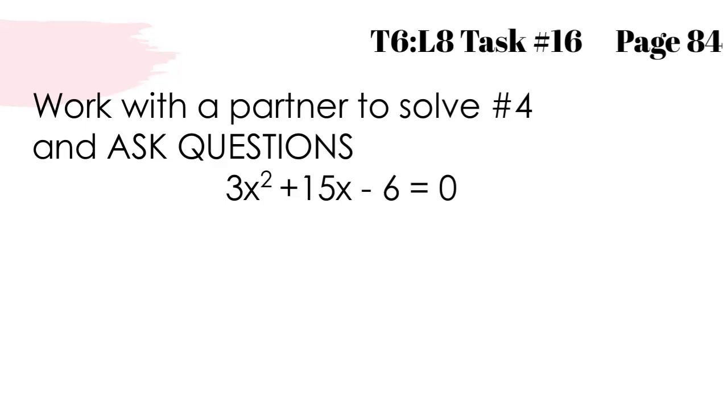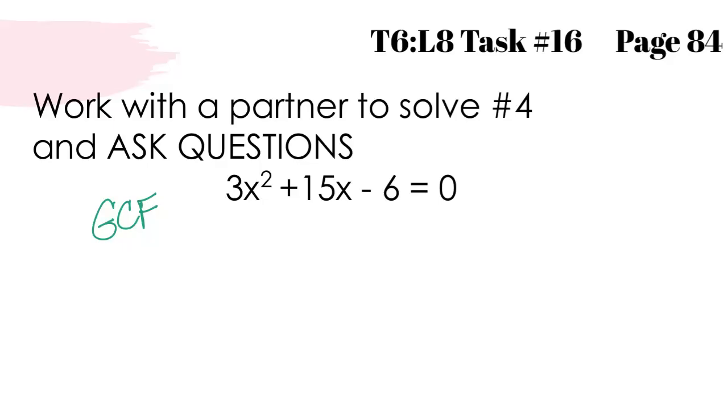Okay, so he said he started trying to factor, and did factoring work at all? Was there anything you could do to this? Yeah, if you look for a greatest common factor, there is a greatest common factor.